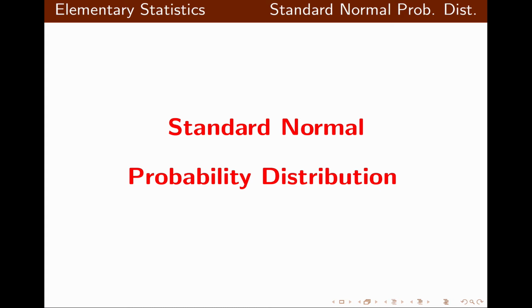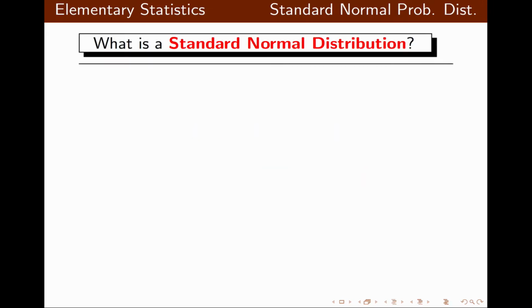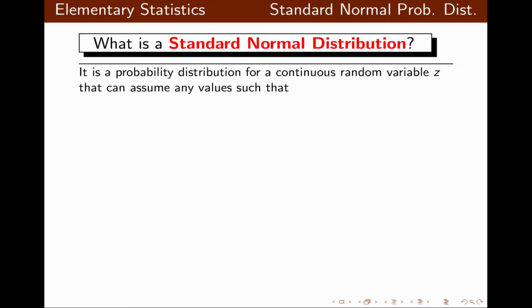Let's talk about a standard normal probability distribution. It's a probability distribution for continuous random variable z that can assume any values such that mean, mode, and median, they're all equal.